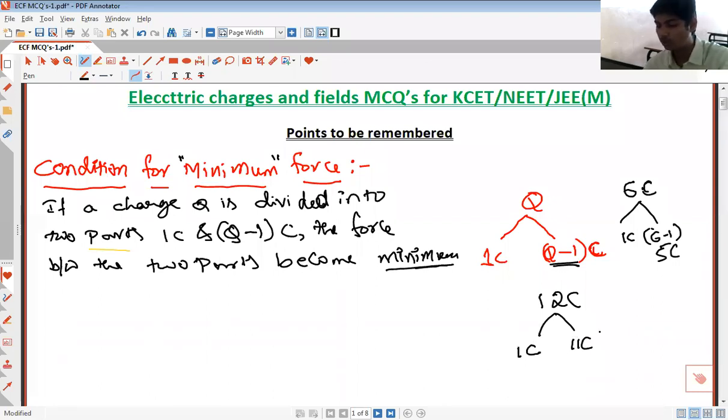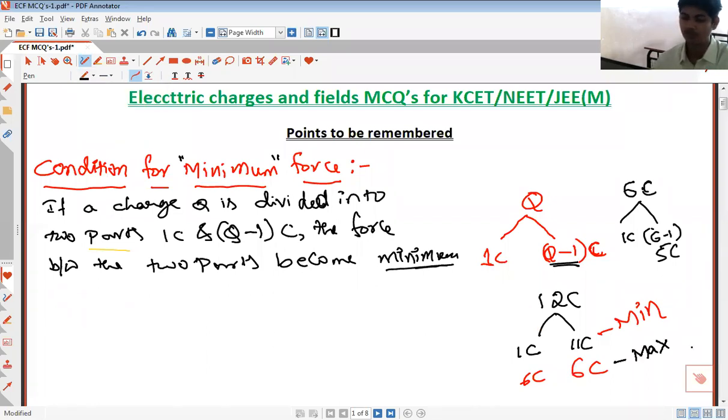How about maximum? This is the condition for minimum force. How do you divide this charge of 12 coulomb to get maximum force between them? Very good. 6 coulomb and 6 coulomb, the force between them is going to be maximum.